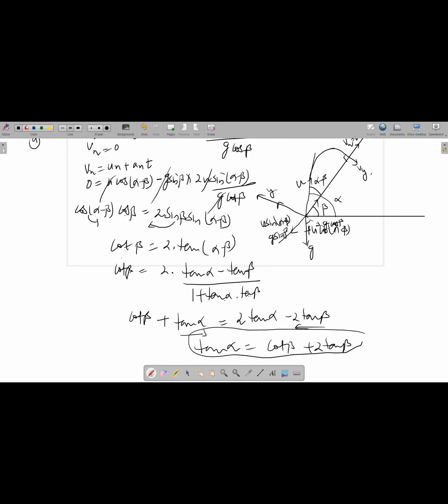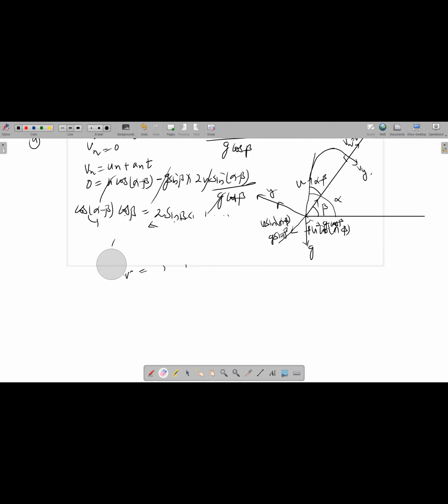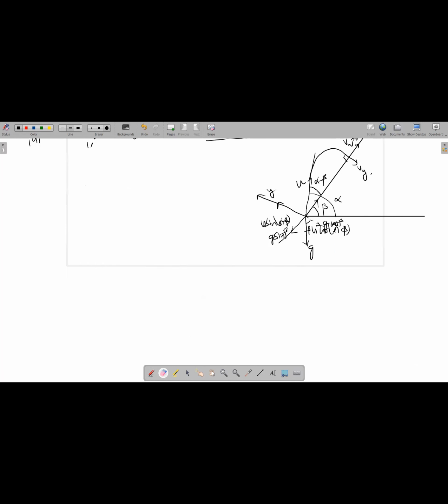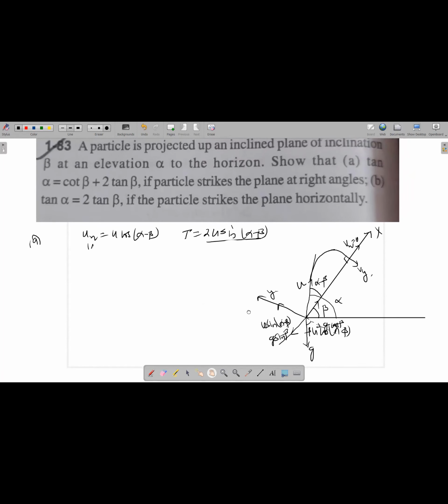Now second part. Second part says that if the ball strikes the plane horizontally, means like this, like this.